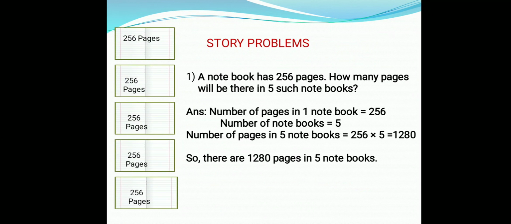Now let's take one story problem. A notebook has 256 pages. How many pages will be there in 5 such notebooks? Answer: number of pages in one notebook is equal to 256 and total number of notebooks is equal to 5.